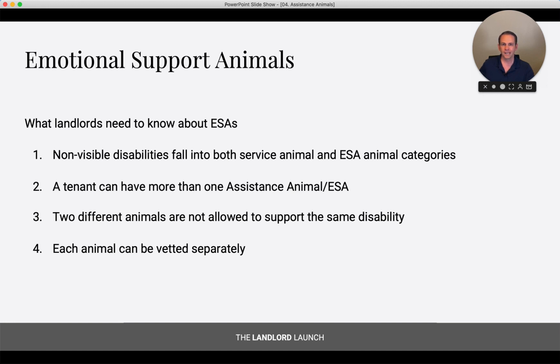They can have one animal that is specifically trained to help them work through seizures when the onset comes on, and another animal that's there to help them feel better and help ease the discomfort or the anxiety or the depression. That is very, very much doable and legal. Each of those animals can also be vetted separately, and we'll touch on the vetting process as we move forward. And by vetting, I just mean checked out, making sure that all their vet records, all that stuff's in place.